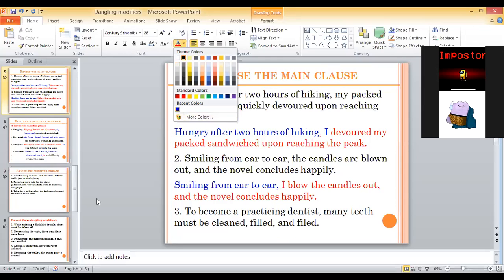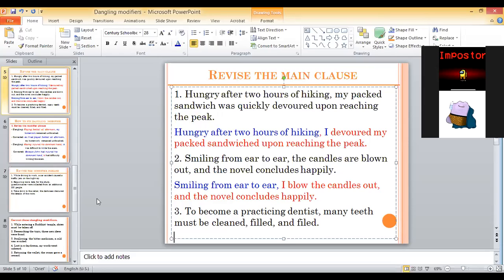When you write, you have to avoid this. We want you to avoid the dangling modifier. It doesn't mean that we learn this so that you can make it. No, just learn to avoid it.